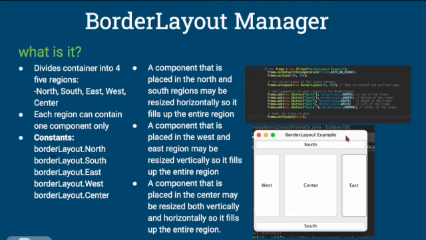So the syntax is going to be BorderLayout followed by whatever region that we want our component to be placed in, but with capital letters. Creating a border layout manager, and it is gonna have a 10 pixel horizontal and vertical gap.